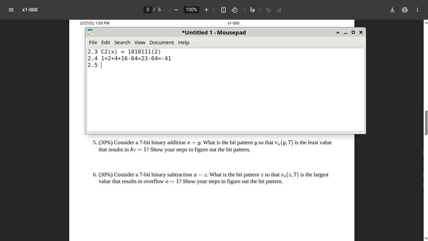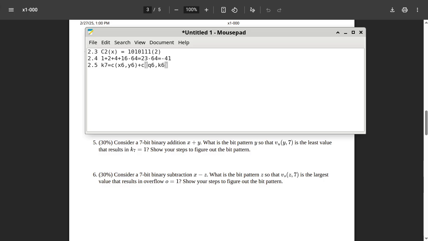Yep, that is correct. But how do we figure out the overall carry? K7 is the C of x6, y6, k6, right? So that's how you go backwards and go, oh, okay, that has to be a 1. And then you keep going backwards.